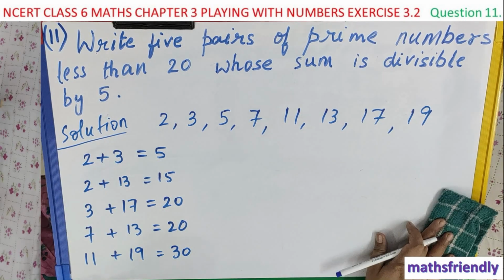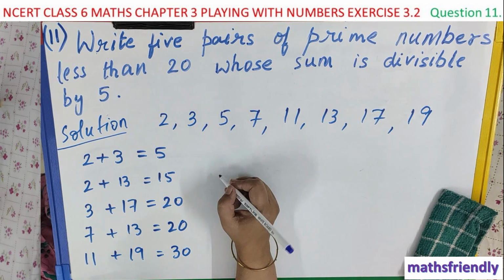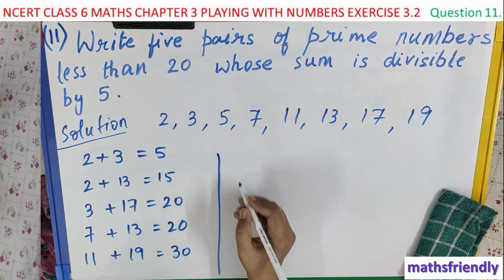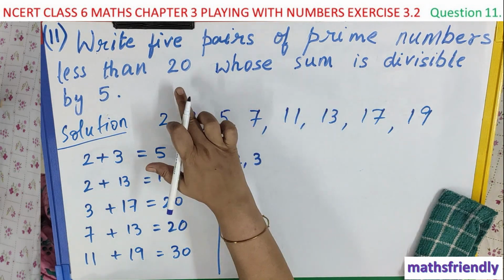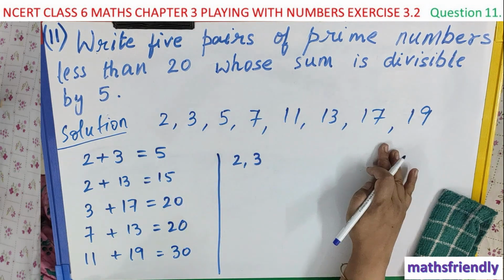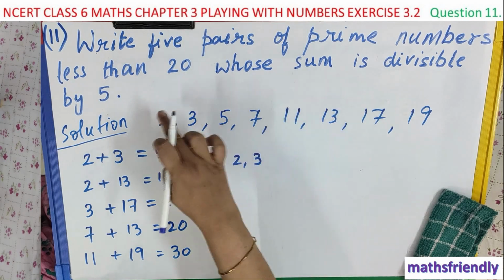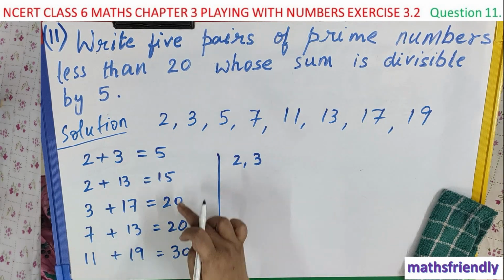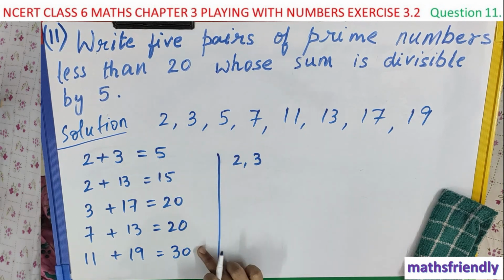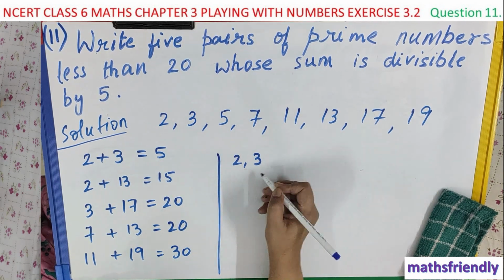So what can we write in our answer? What pairs of numbers did we get? Five pairs of prime numbers less than 20 whose sum is divisible by 5. The sums of these pairs are all divisible by 5. The first pair is 2 and 3.